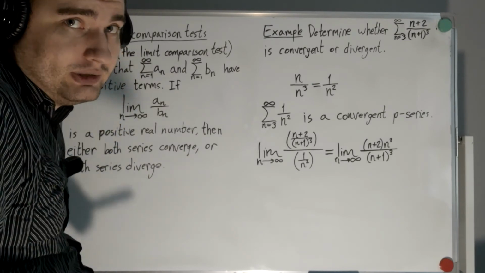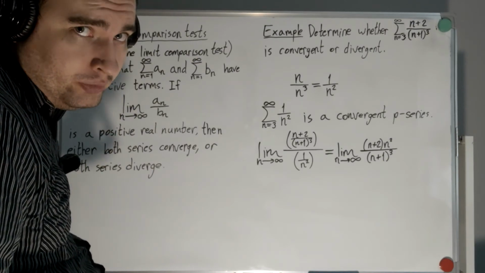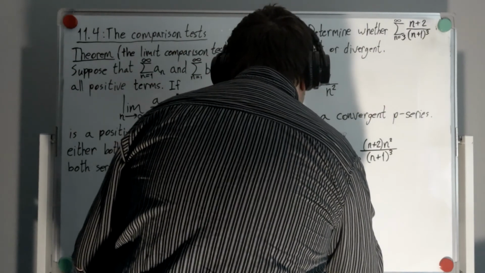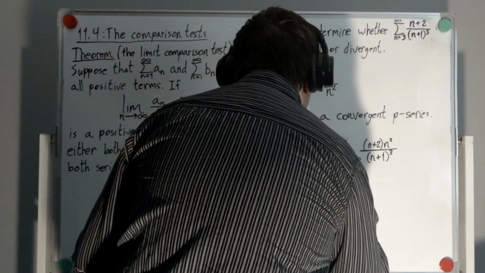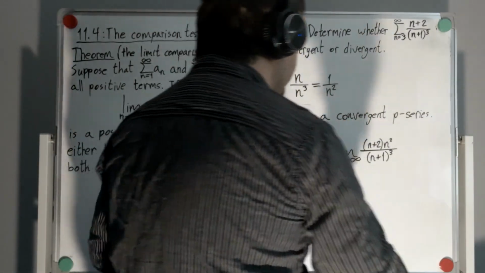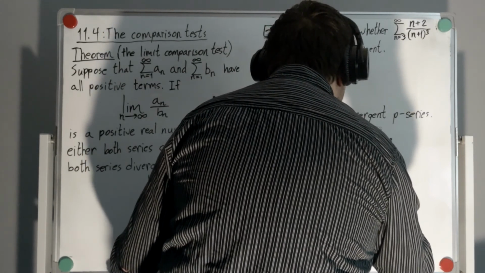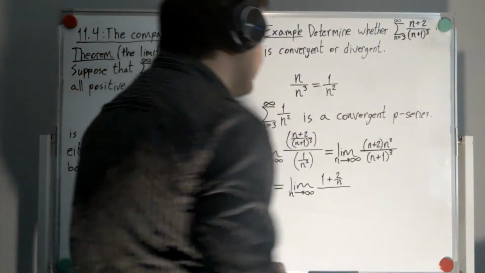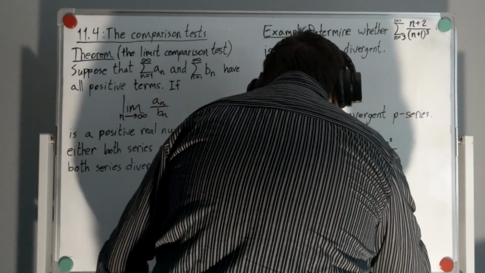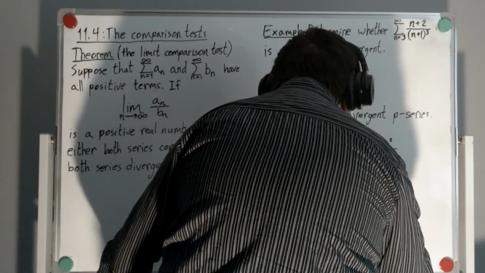Now there are a few different ways to do this limit. I think the easiest way to do it is to just divide top and bottom by n cubed. If you do that, then this will turn into the limit as n approaches infinity of, we're dividing the whole top by n cubed, so what we're going to get here is 1 plus 2 over n on top. And then on bottom, we're going to get 1 plus 1 over n, and all of this is cubed.